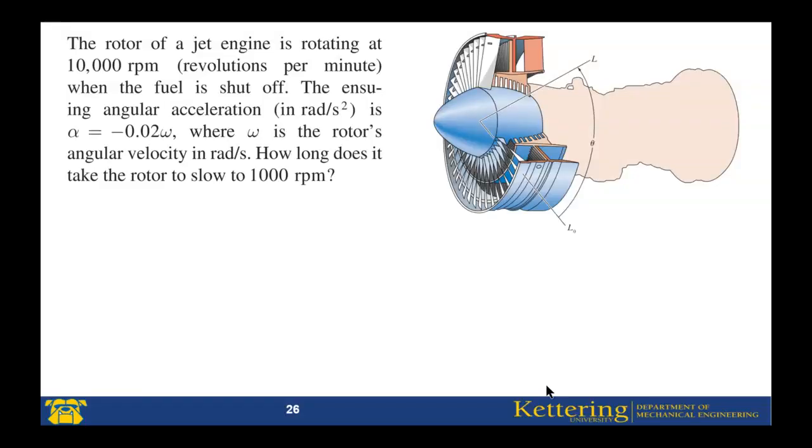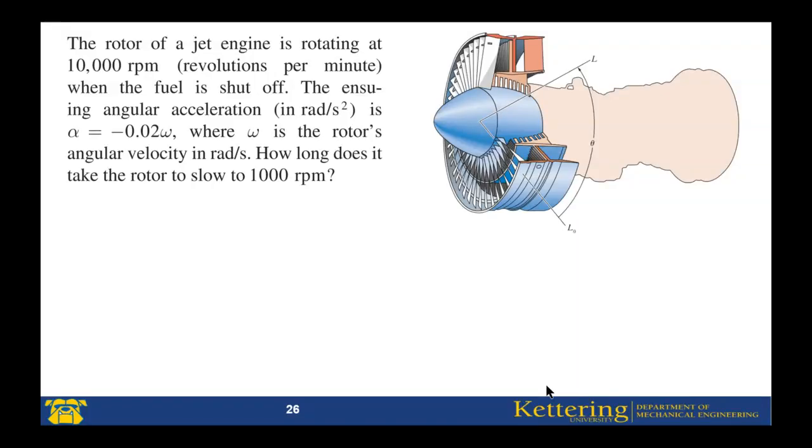One example, which is also an application regarding aerospace. This is a rotor of a jet engine. We consider this as a rigid body. It is rotating at 10,000 RPM, revolutions per minute.